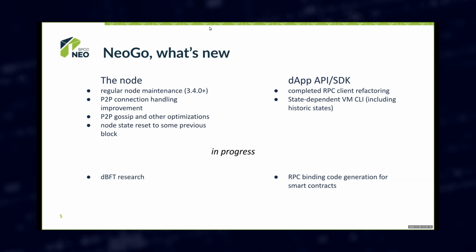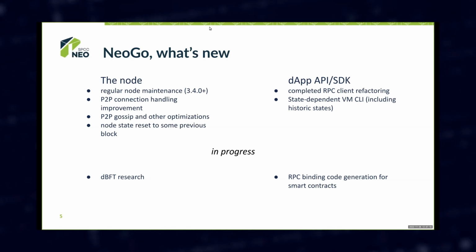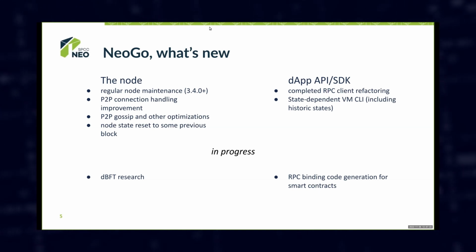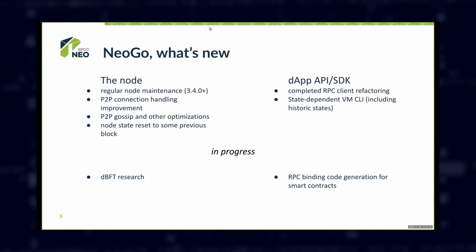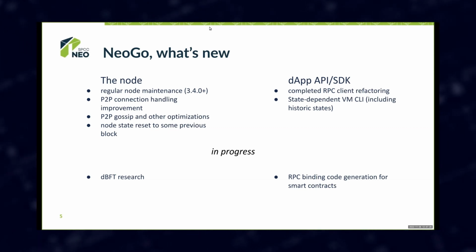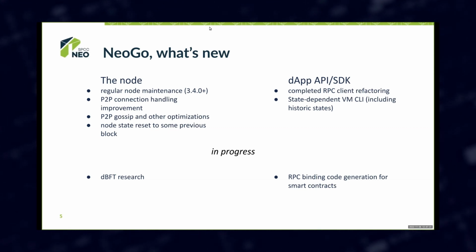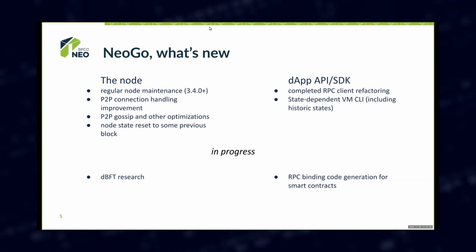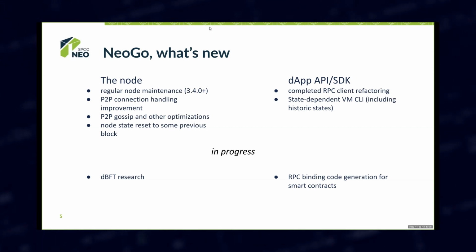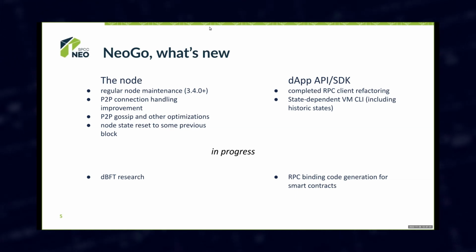And we also have improved some things in the P2P subsystem of our node. That's the connection handling. Mostly that's important for smaller networks like the ones used by NeoFS setups. We have more reliable and quicker setups for these networks now, I think.